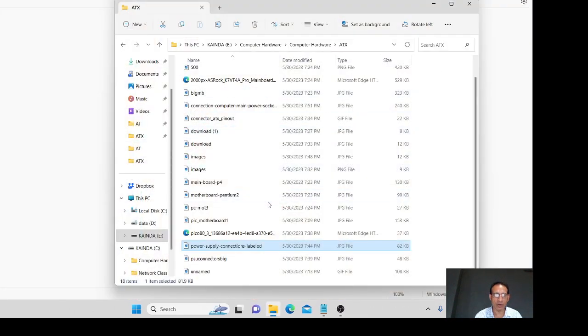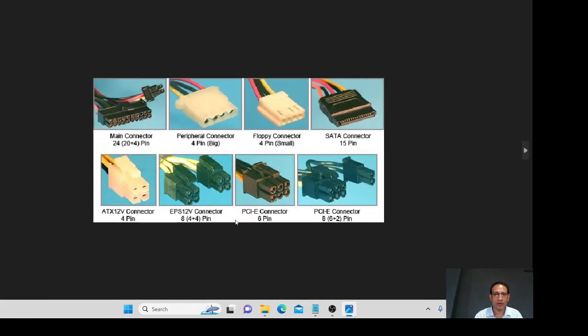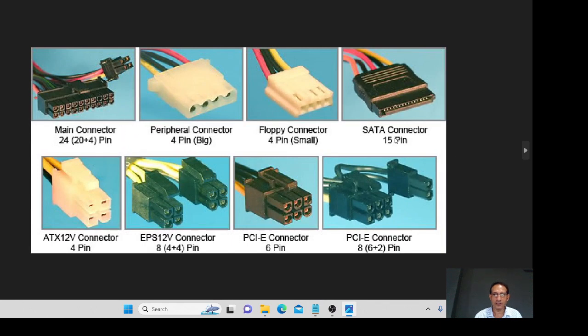So it's very important when you're considering the power supply, and when you buy the casings along with the power supply. Right, here are the connectors which I have mentioned in this presentation.